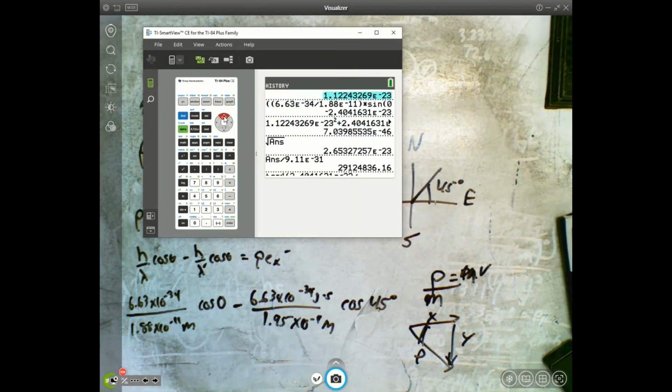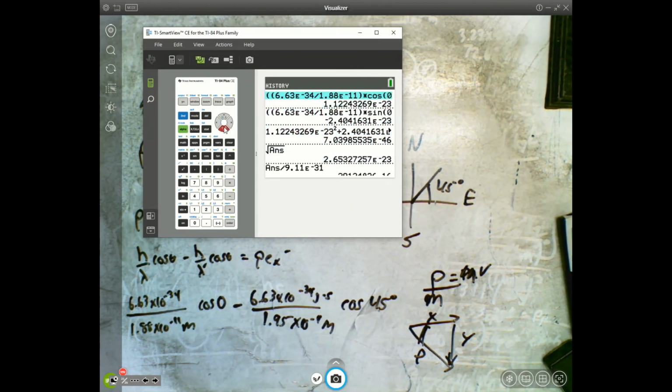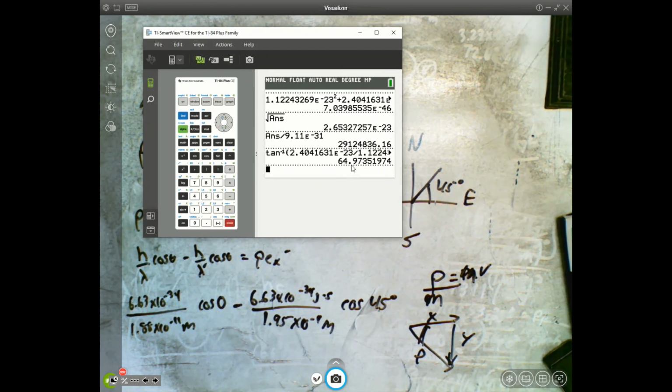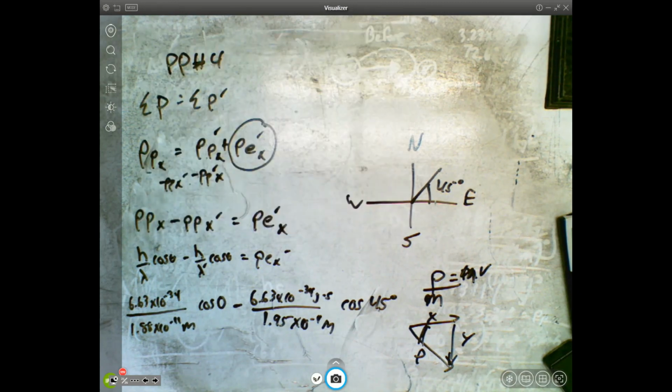Opposite over adjacent. And I get 64.97 degrees south of east. Okay, so that's what you should get for your answer.